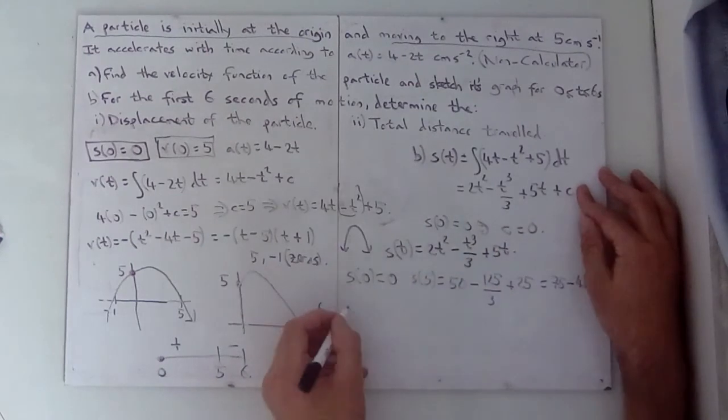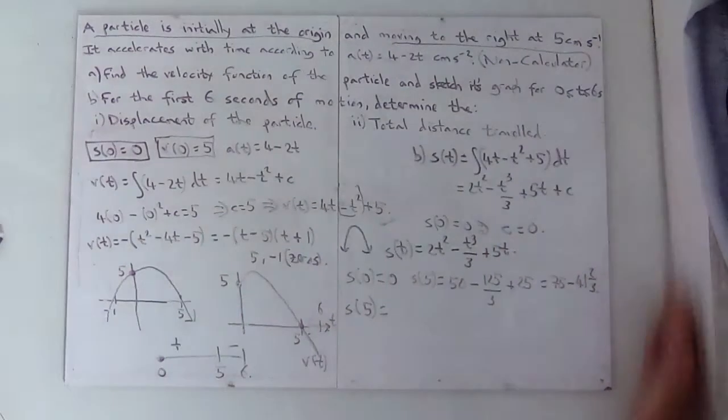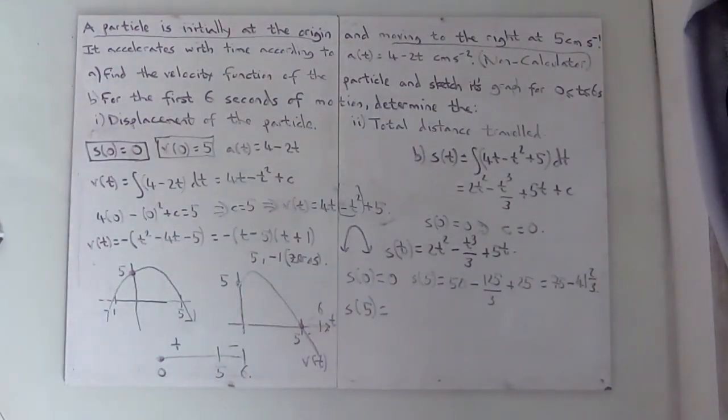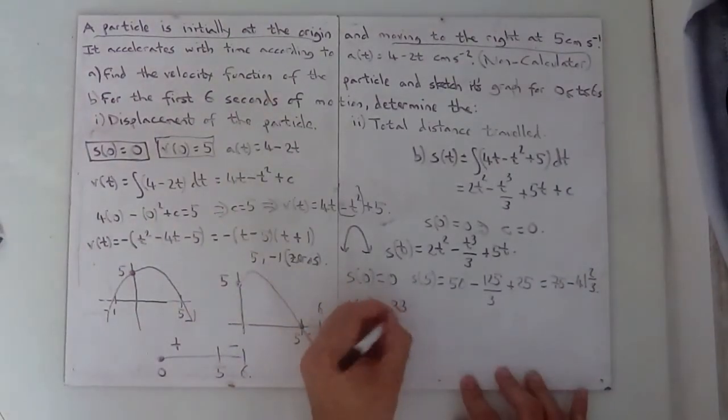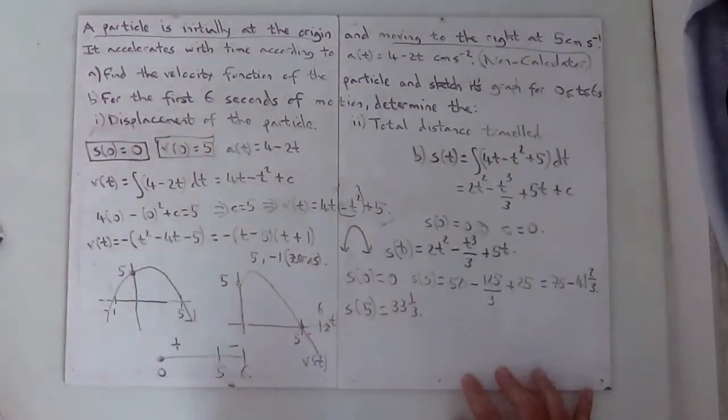So S5 must be, 75 take away 40 is 35, take away 1 is 34, take away 2/3 must be 33 1/3. So that's the position at S5.